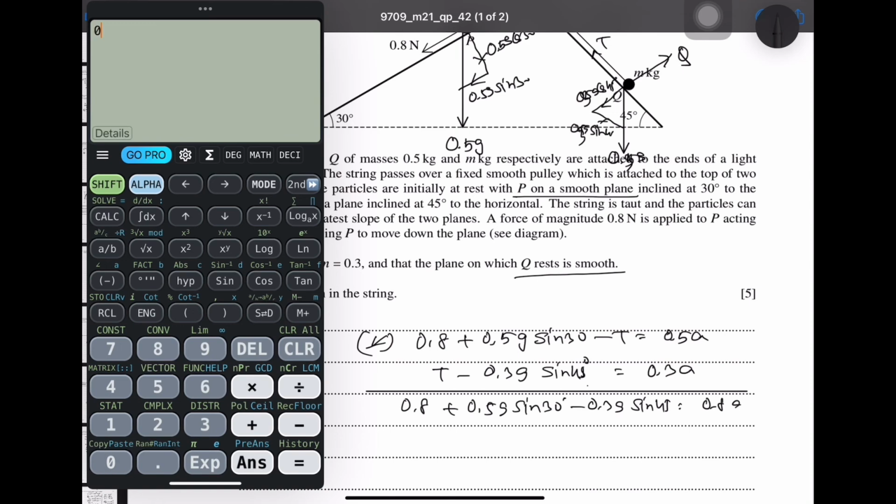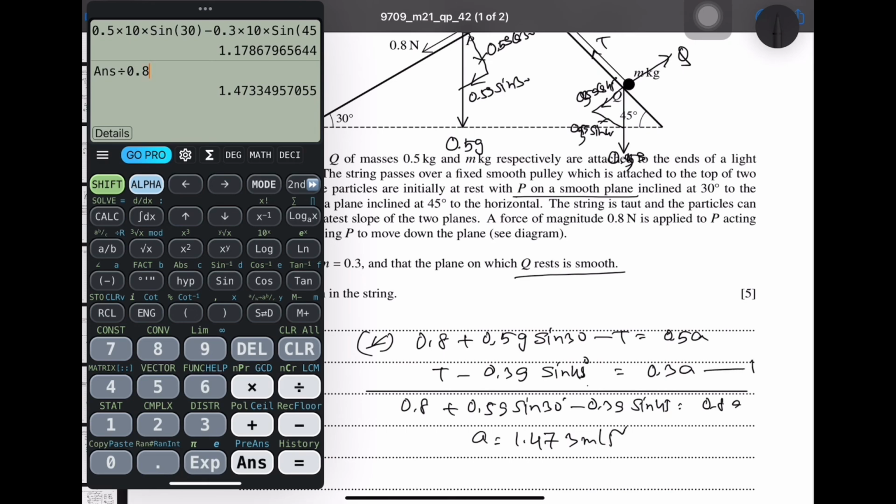Okay, let me simplify. 0.8 plus 0.5 into 10 into sin 30 minus 0.3 into 10 into sin 45, divided by 0.8. Acceleration equals 1.473 meters per second square.